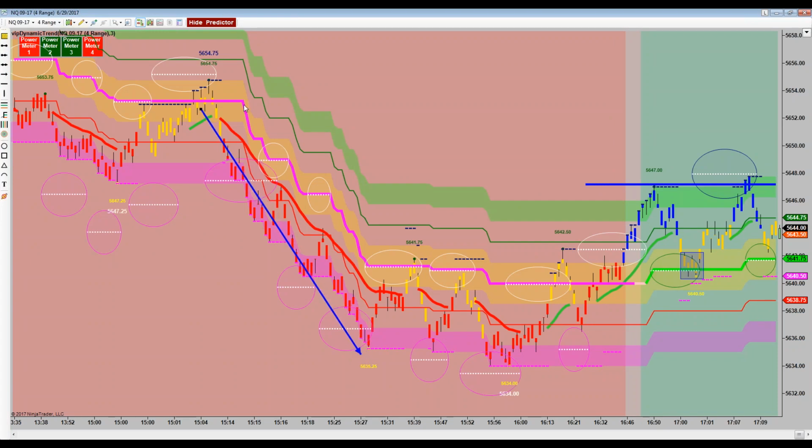We got this huge thrust down to fresh lows. We had a couple of mid-band rolls here. One mid-band roll short, then slightly above the mid-band, another roll short. It didn't take out the bottom, didn't even check it, so a slightly higher low. It came up and paused at the mid-band. And of course, if you were trading this, if you let it go either way, you actually got a long trade here.